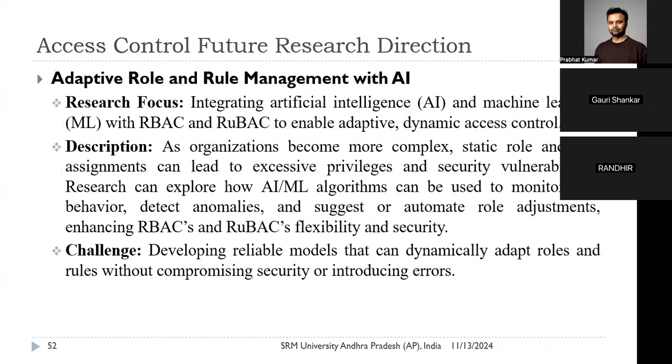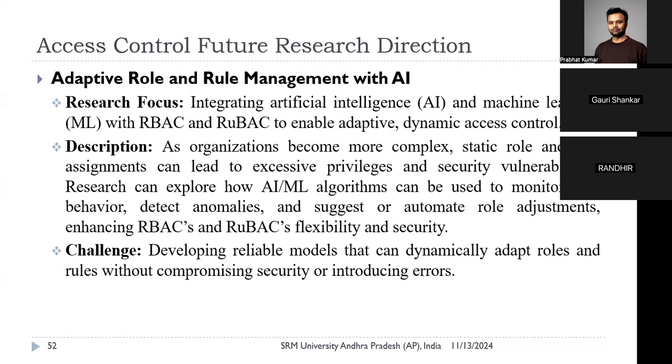Then this is the future research direction of access control. One research focus I have taken is integrating artificial intelligence and machine learning with role-based access control and rule-based access control to enable adaptive, dynamic access control. What is the description of this particular research? Suppose an organization becomes more complex, static role and rule assignment can lead to excessive privileges and security vulnerabilities.